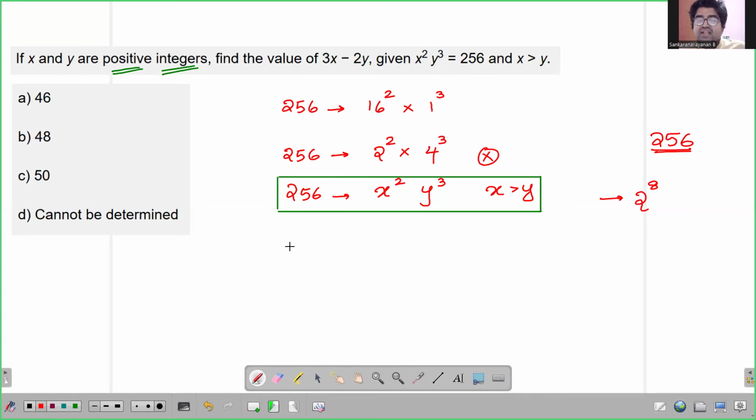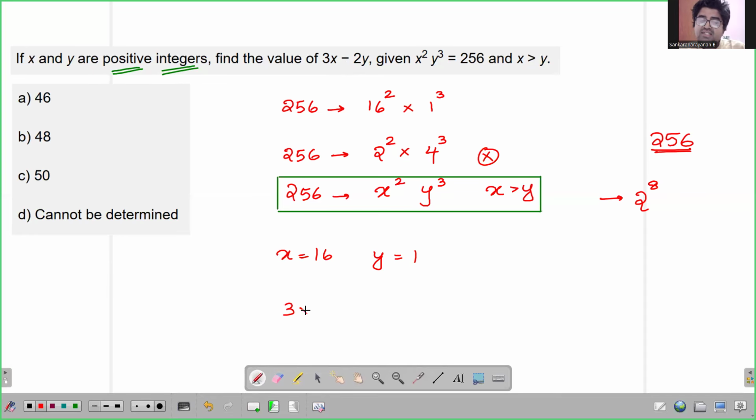We have to deal with the case where x is equal to 16, y you take as 1. So you can say x is greater than y. X square into y cube is coming as 256. Got it? Now you are asked to find the value of 3x minus 2y.